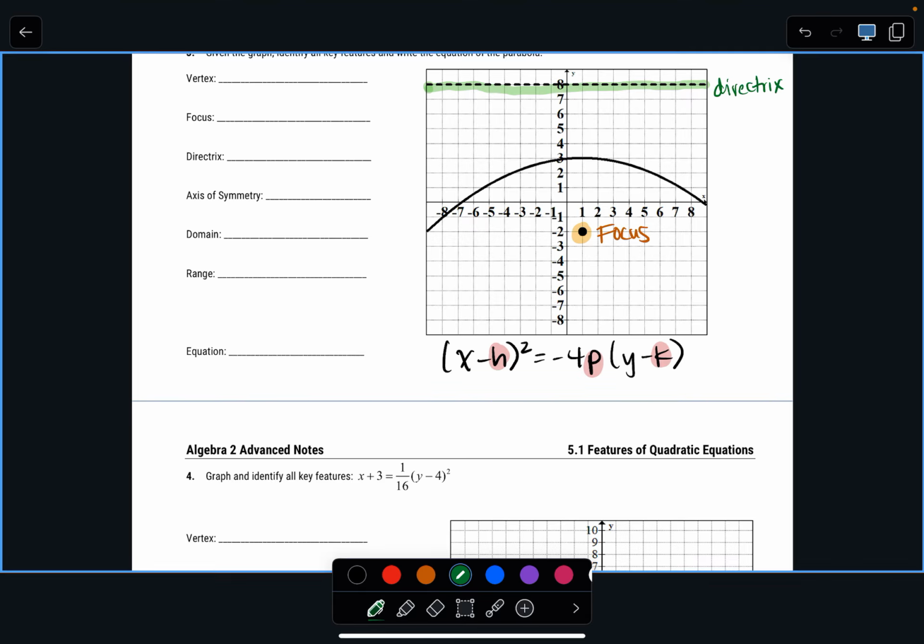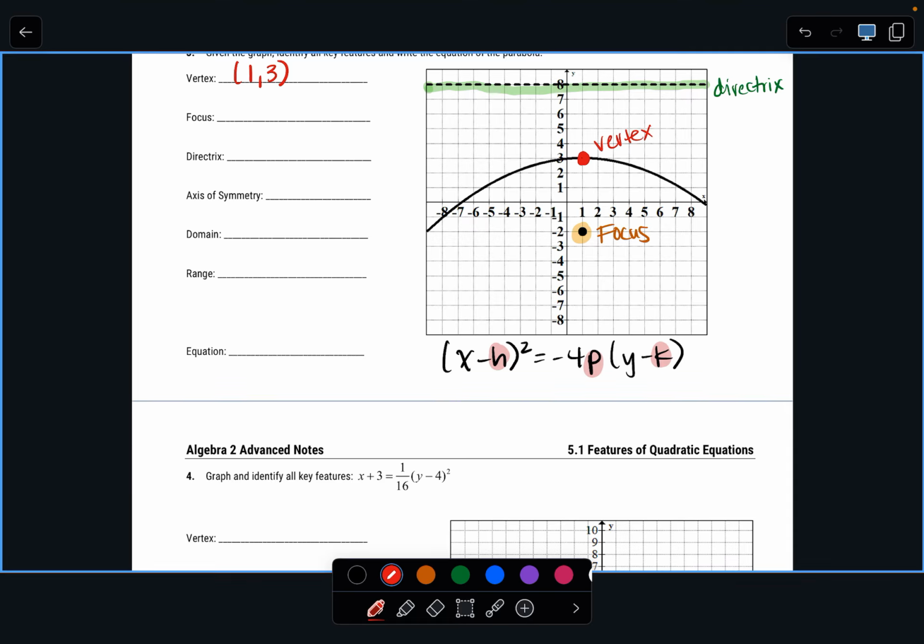So even though it's not labeled, the vertex is going to be directly above the focus, or left of the focus, right of the focus, below the focus. It's in line with it. So when I go in to write the point, all I have to do is say (1, 3), because that's where the vertex is. And it's always the point that's on the curve, not the horizontal line.